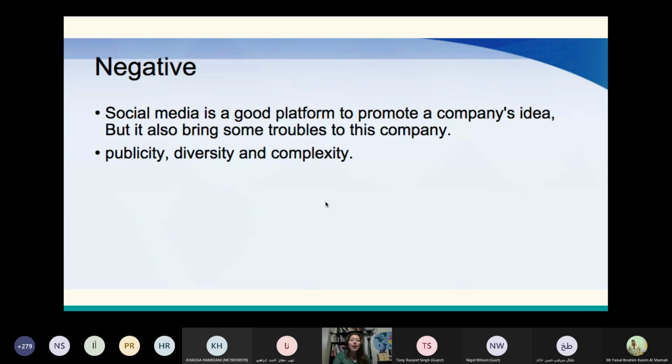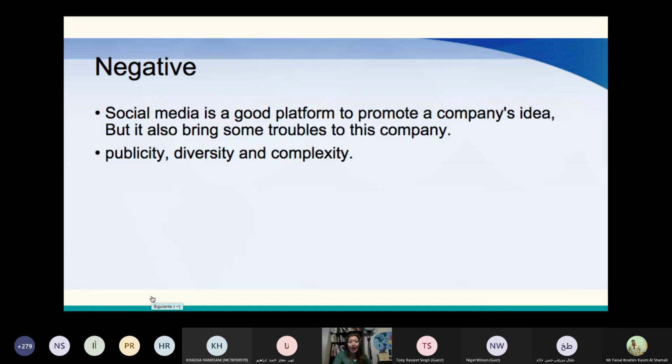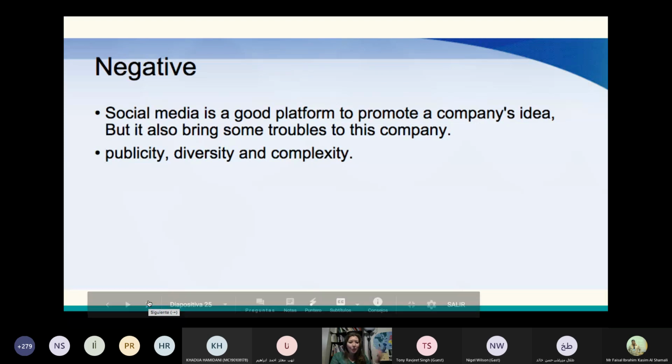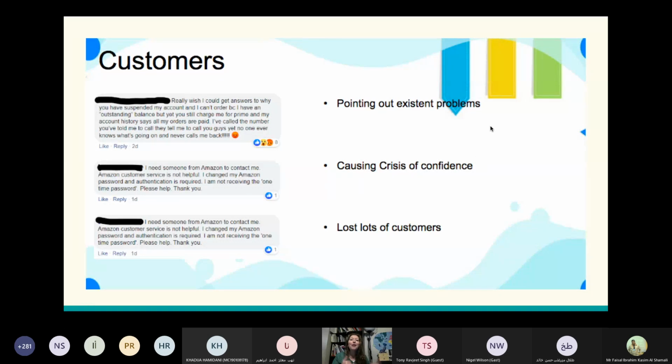So even looking at online reviews or things like if a certain group or a certain person does not like a company or doesn't like a product, they can completely roast you over social media via reviews or via tweets or things like that. They also said things like customers can point out existing problems, they can cause a crisis of confidence, and they can also lose customers and people are going to tell you.